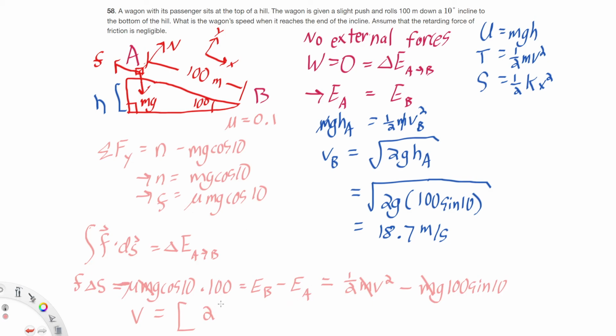So we have 2 times g 100 sine 10 minus mu g cosine 10, and then all of that square rooted.